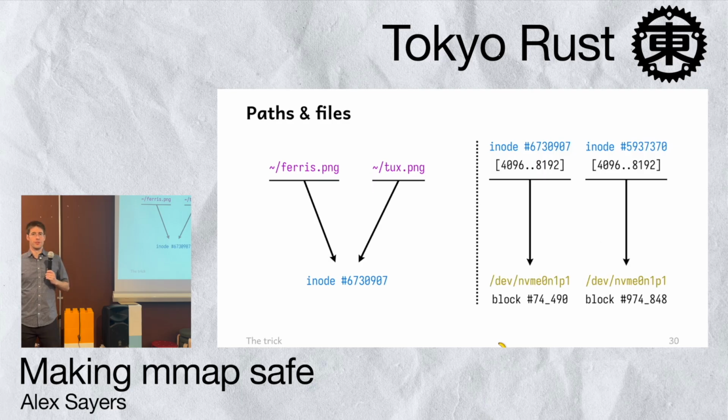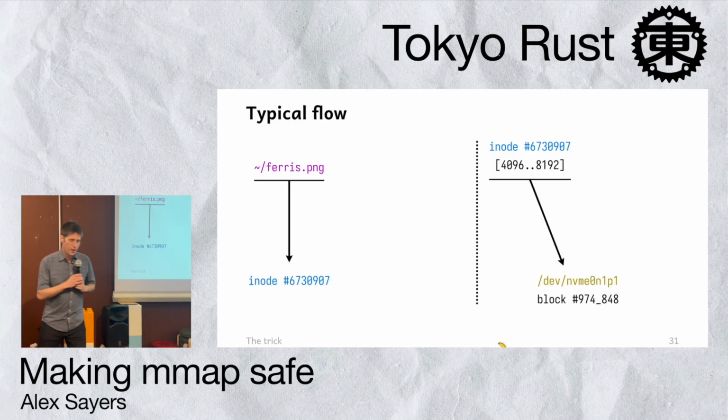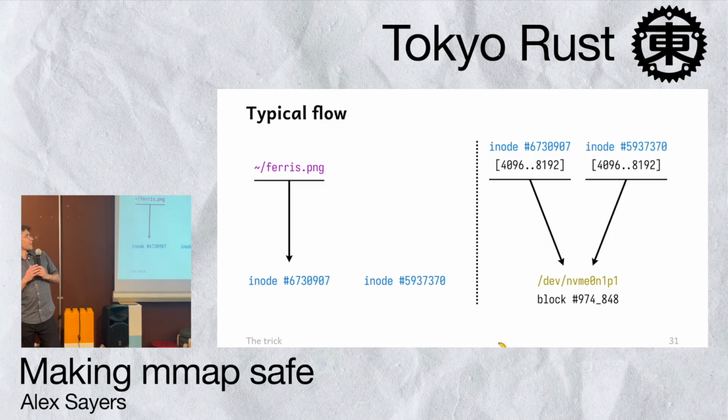So just to run through how the trick is working, we start with the file that we want to mmap, ferris.png. We create a private file that no one else can access, and then we ref link the contents of Ferris into our private file, and then we mmap that.